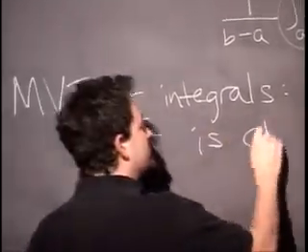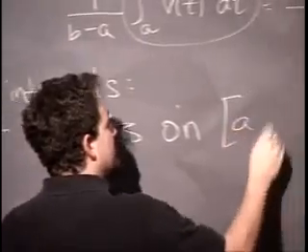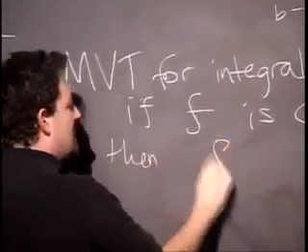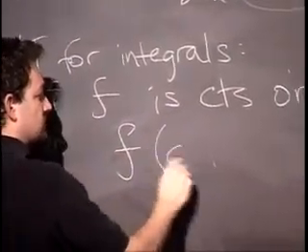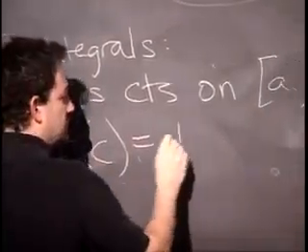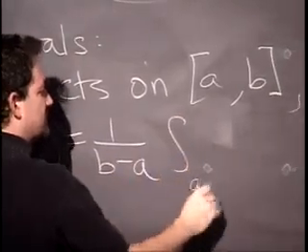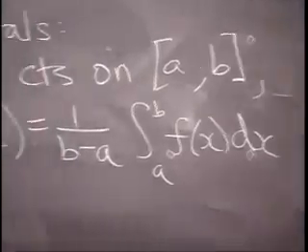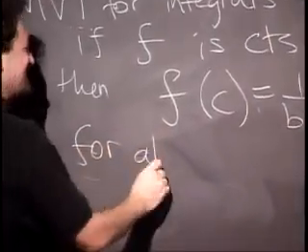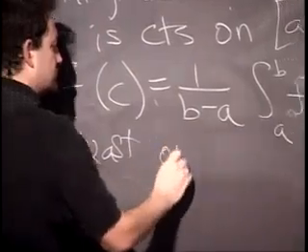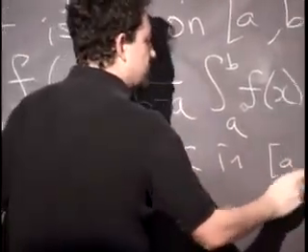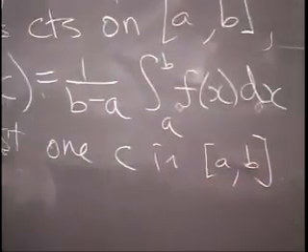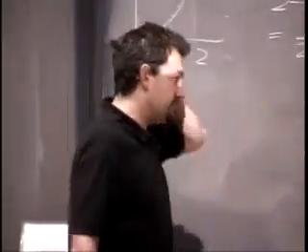If f is continuous on some interval [a,b], then f of c equals 1 over b minus a, the integral of f of x dx, for some c, at least one c in the interval. So it's sort of like the derivative one in that there's a c, which we don't really know what it is, but we know that f of c is something.